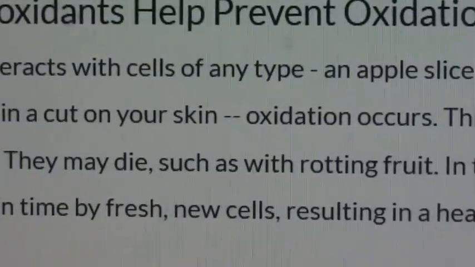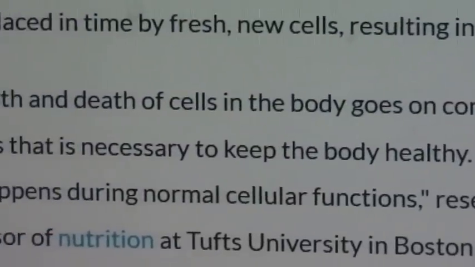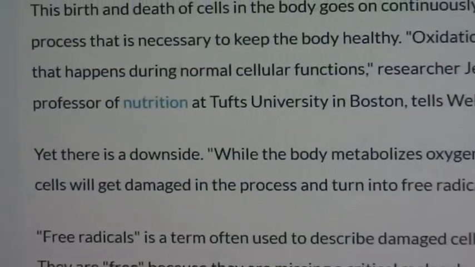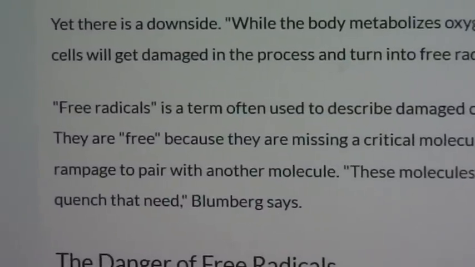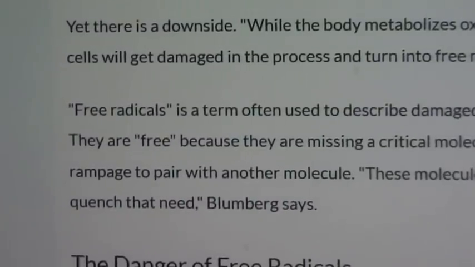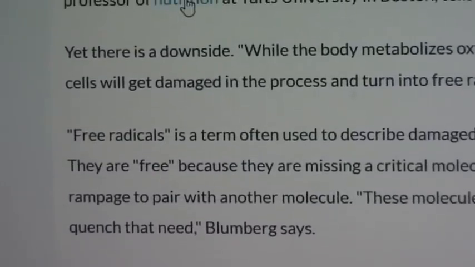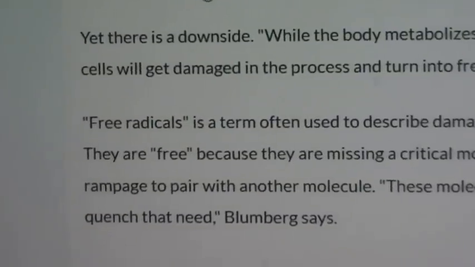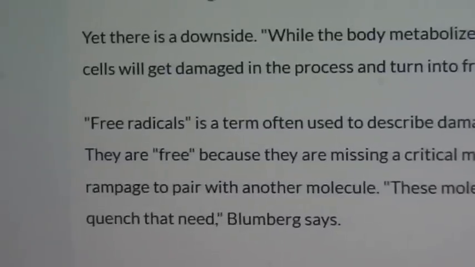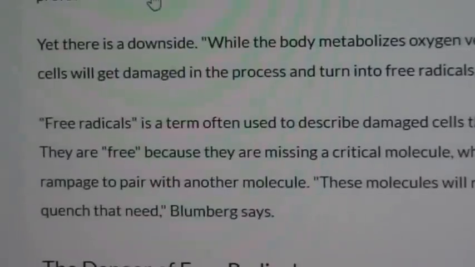It's not as simple as it kills a cell and you can regenerate a new one. As I've said in some of my other videos, we lose 1 billion cells a day. If you build more cells than you lose, you're going to survive and thrive. The problem is free radicals are a little more clever than that.